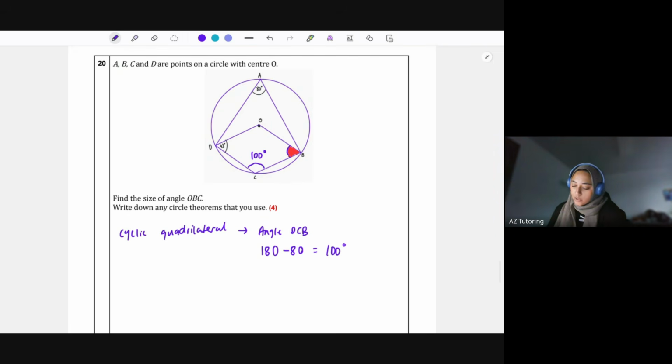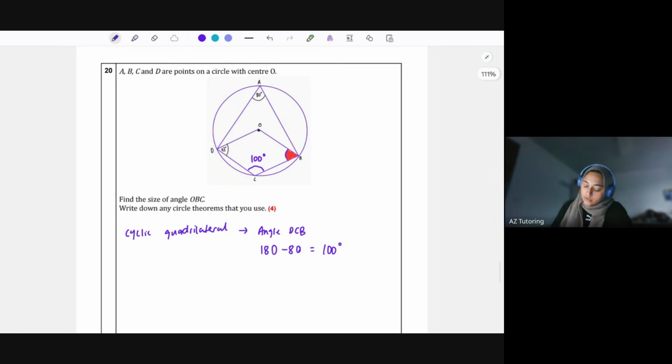The next one that we can use is the angle at the center is double the angle at the circumference.